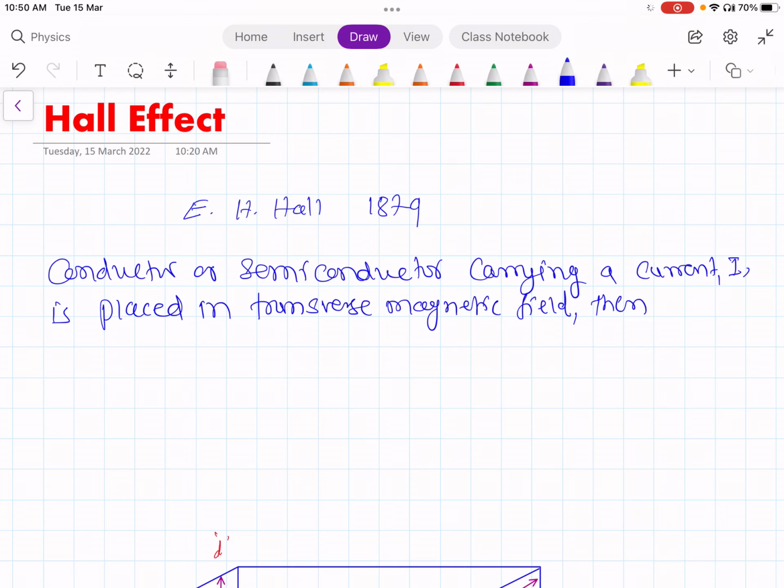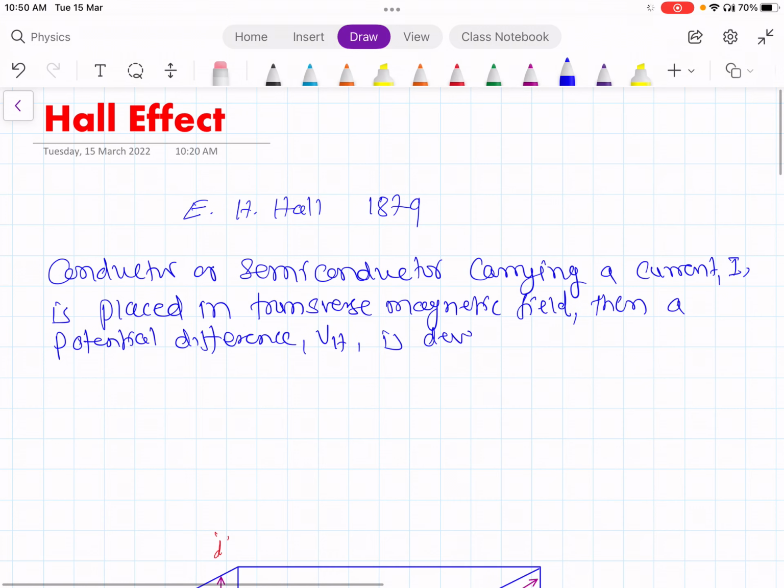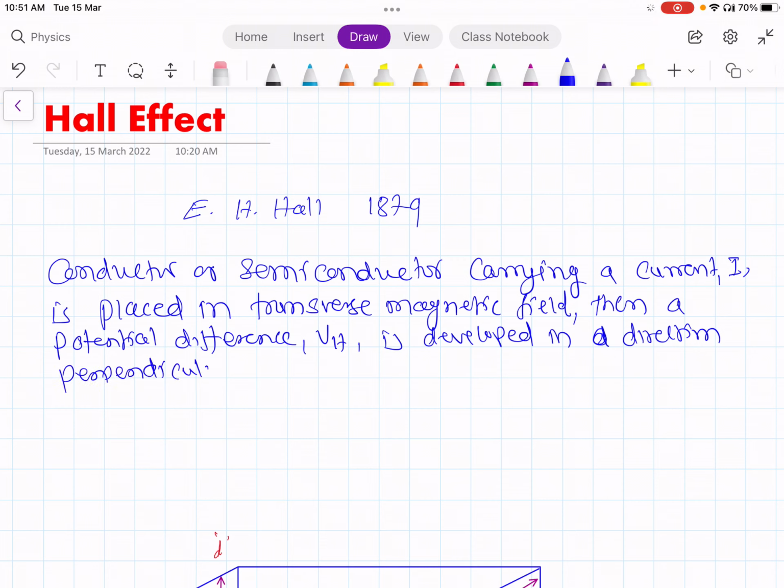Then a potential difference VH is developed in a direction perpendicular to both direction of current and magnetic field.